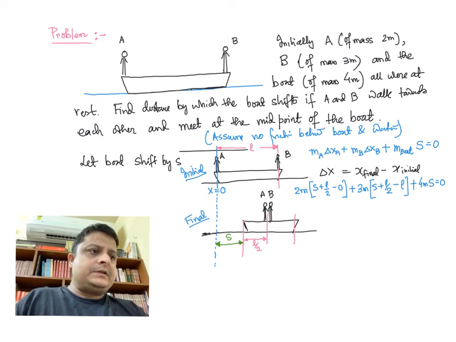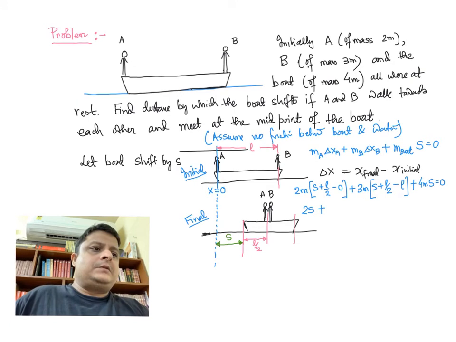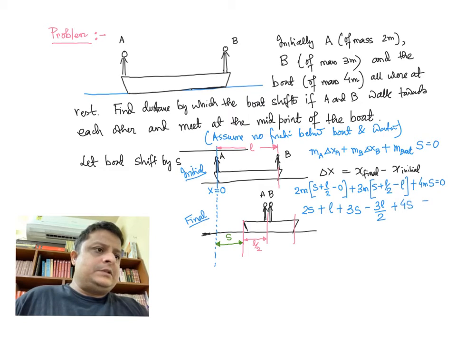So let's simplify this. We get 2S plus L plus 3S, removing those m's, plus 3L by 2 minus 3L, so minus 3L by 2, plus 4S is equal to 0.